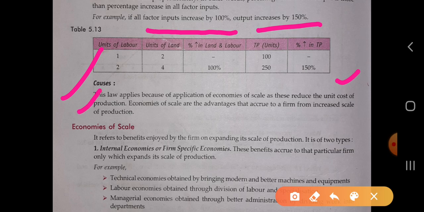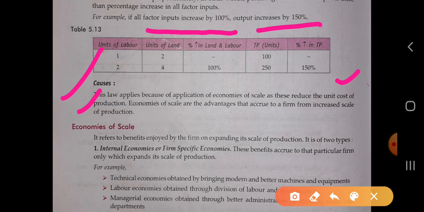Okay, if any firm or producer invests more money so that they can invest in more input so that they can earn more and more output, it will also lead to a reduction in the unit cost of production, because now the producer produces more units of the commodity.